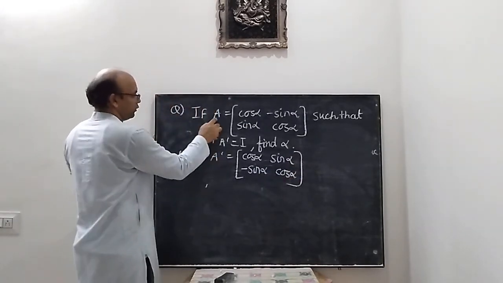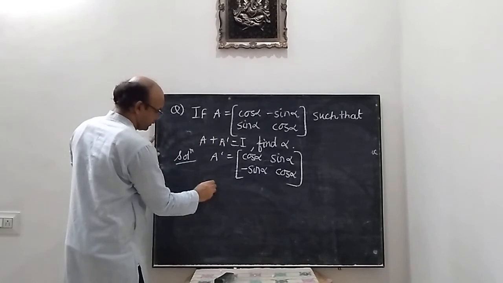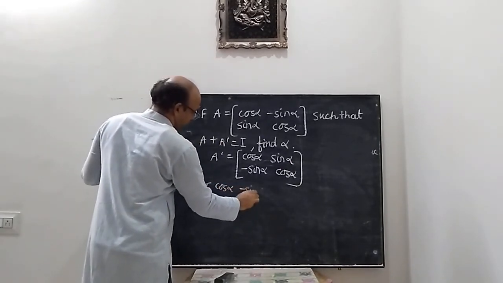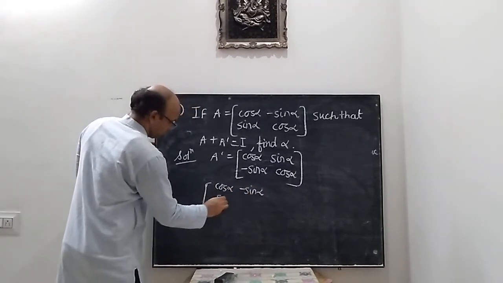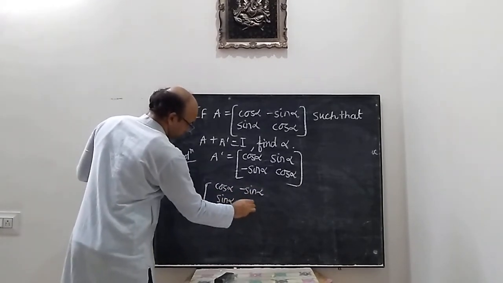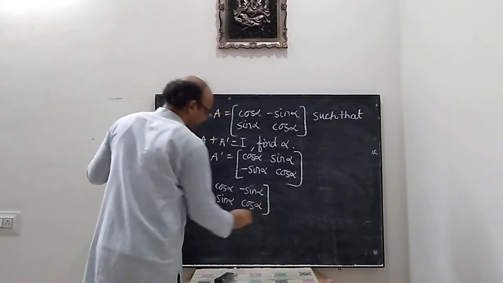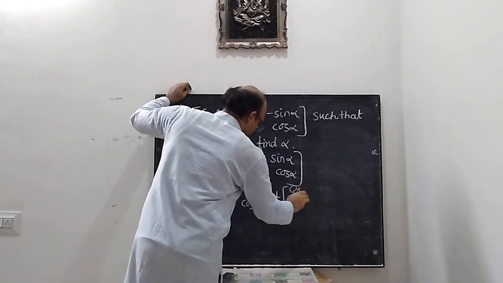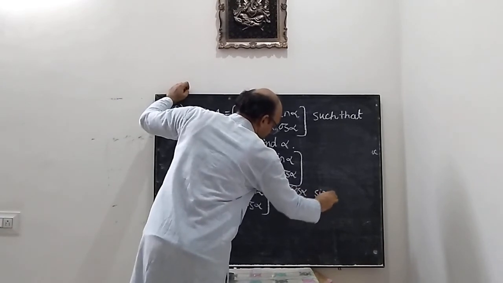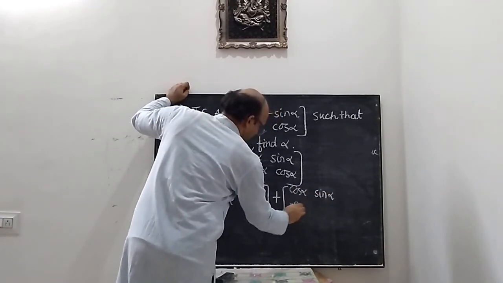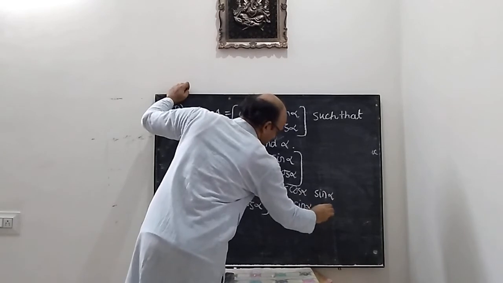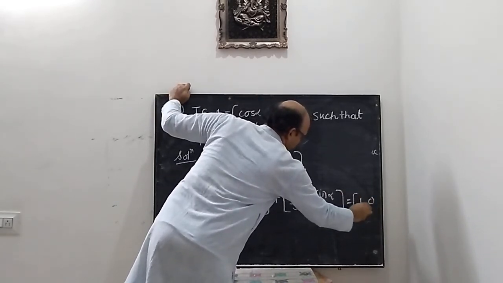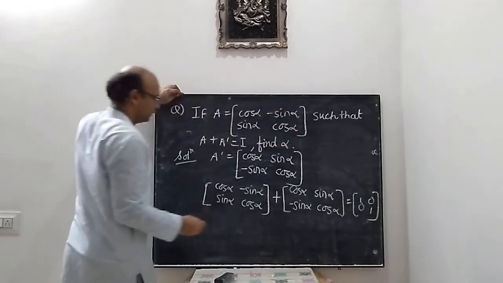Now we substitute the values of A and A transpose in this condition. You have cos alpha, minus sin alpha, sin alpha, cos alpha, plus cos alpha, sin alpha, minus sin alpha, cos alpha, equal to 1 0 0 1.